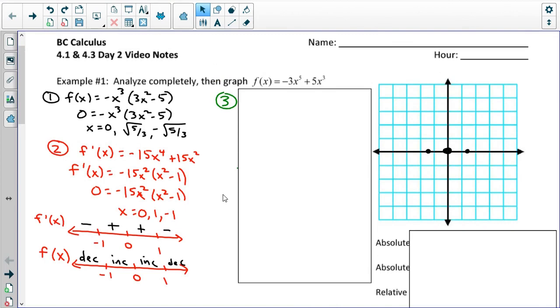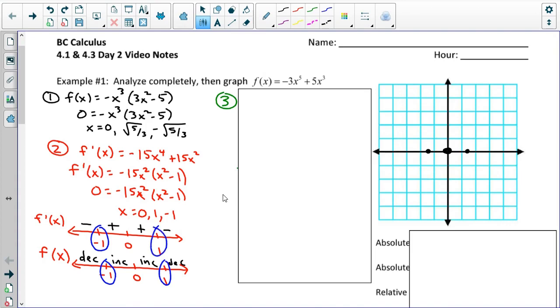So if we are looking at this, we're going to have what appears to be a local minimum at x equals negative 1, because we're going from decreasing to increasing, and a local maximum at x equals 1, because we're going from increasing to decreasing.